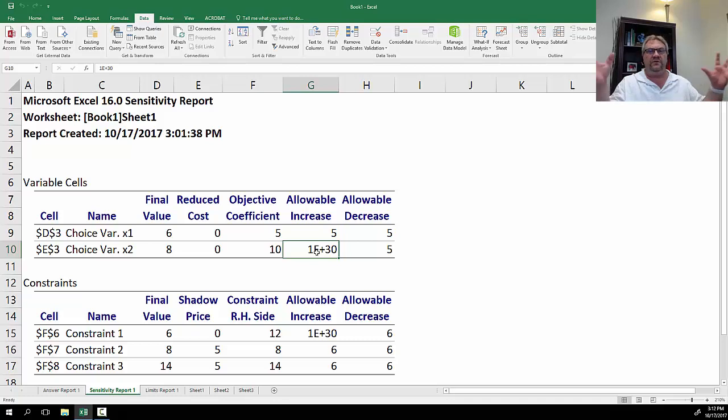A huge number. Let's just think of this as infinity. So if I held the profit per unit on variable 1 constant at $5, and then increased the profit per unit on choice variable 2 to like 1,000, I'm still going to produce 6 and 8 units.